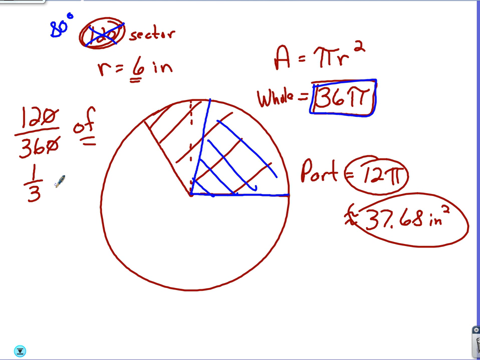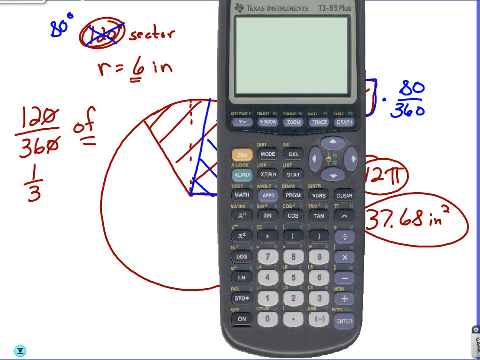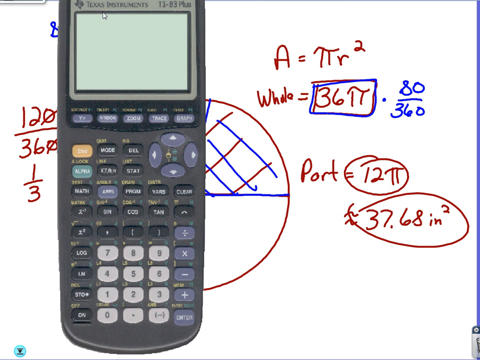So if you're looking for an 80 degree sector, you would simply take the whole area. You want to find 80/360ths of that whole area. Does that make sense? It's always going to be something out of 360. Now, what about this? Do I have to reduce that 80 over 360? No. Not unless you're looking for an exact answer. You can type it in like this, guys.